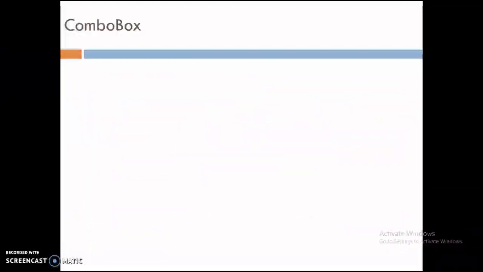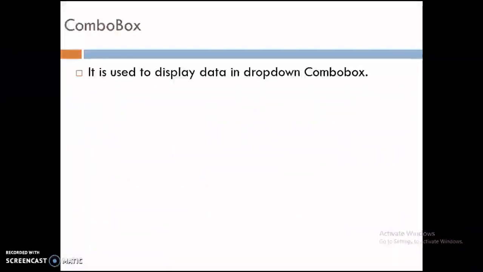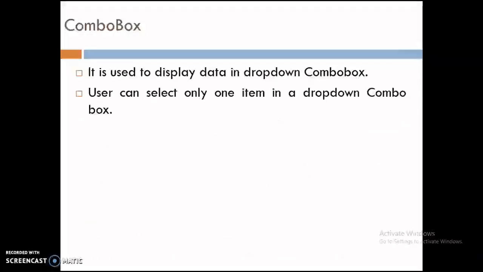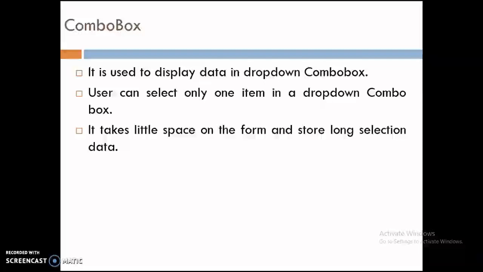Now the next control is ComboBox. The ComboBox control is used to display data in a drop-down combo box. It is similar to a list box. Here the user can select only one item in a drop-down box. It takes little space on the form and stores long selection data.